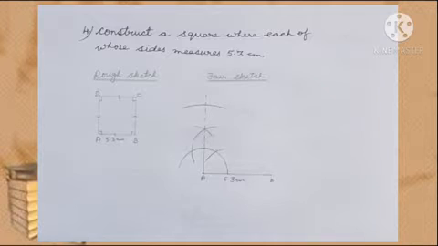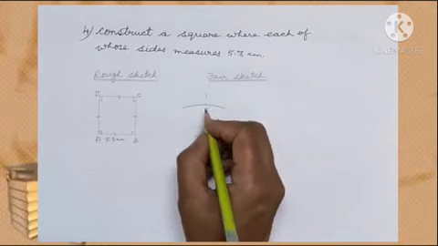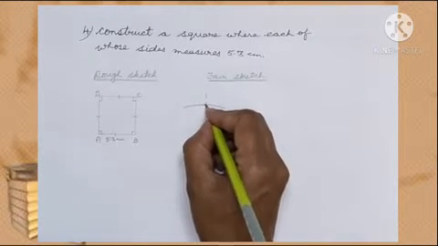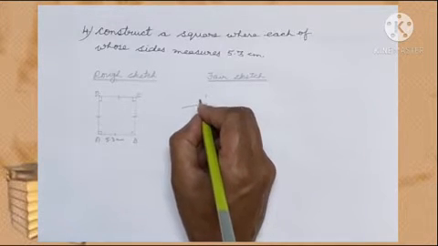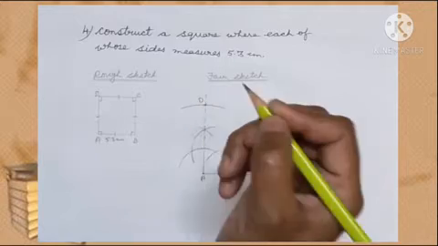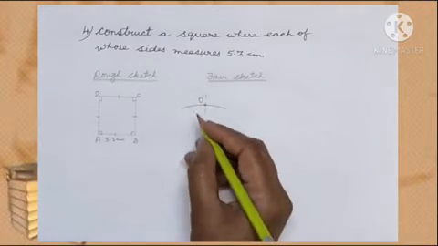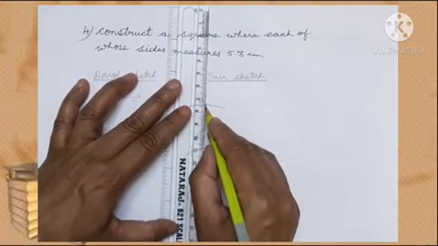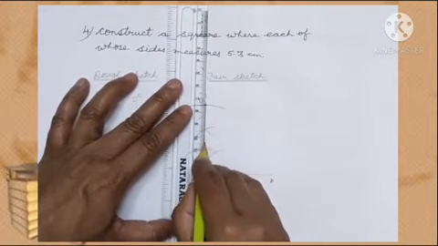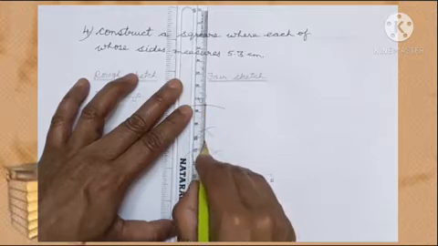As all the sides of a square are equal in length, this arc intersects the 90 degree angle side. We write its point D and join this D with A using a ruler.